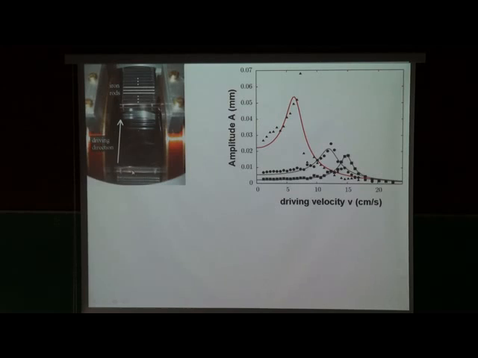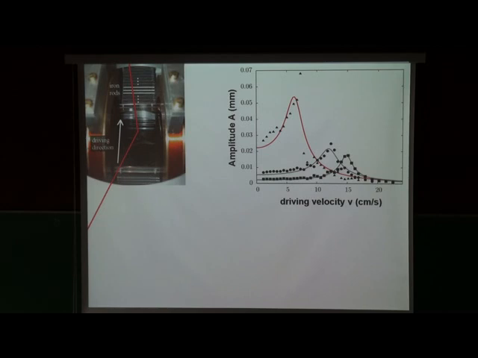Now we were interested in the amplitude response of these traveling waves for a certain applied magnetic induction. We used a laser and measured the reflection of this laser, the amplitude. Here you see the amplitude of the laser reflections as a function of the driving frequency for a certain applied constant induction.